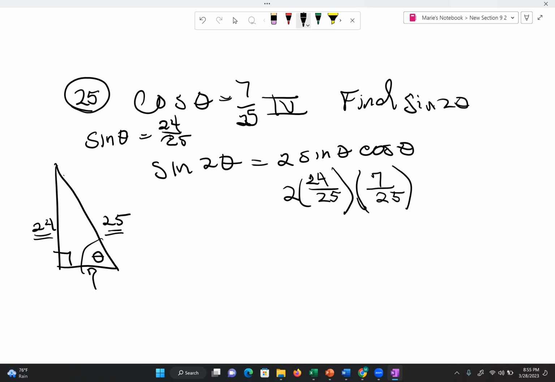So we know our denominator should at least be 625. So 2 times 24 times 7 gives us 336 for the top, and the bottom has to be 625. So that means the answer choice for 25 should be D.